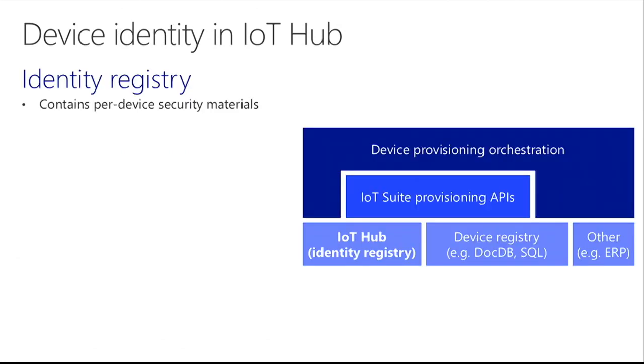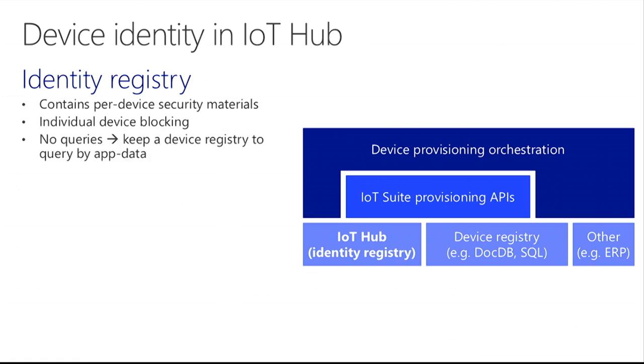Let's move now to the device identity concept in IoT Hub. The important part to understand is that IoT Hub does maintain an identity registry that contains per-device security materials, which are, of course, used to grant access to the individual devices. It does allow individual device blocking, so you can enable or disable each individual device.